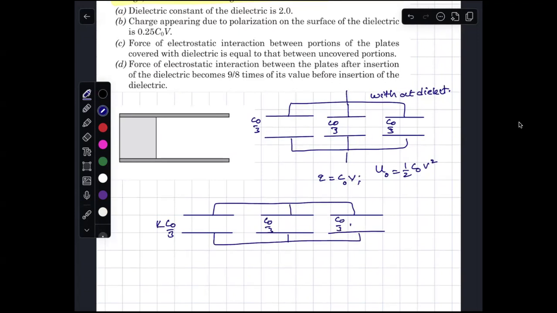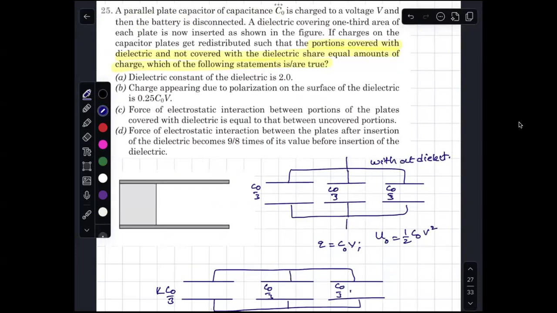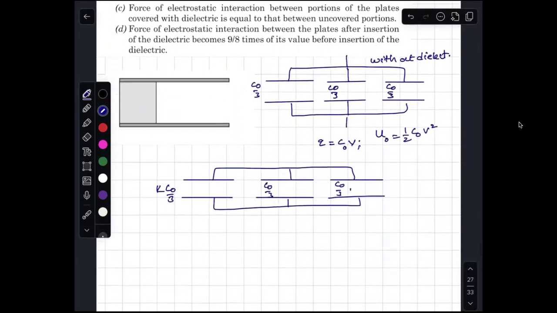What is your question, by the way? If the charges on the capacitor get redistributed such that the portion covered with the dielectric and not covered with the dielectric share the equal amount. I am assuming this has charge Q1, this has charge Q2, this has charge Q3.